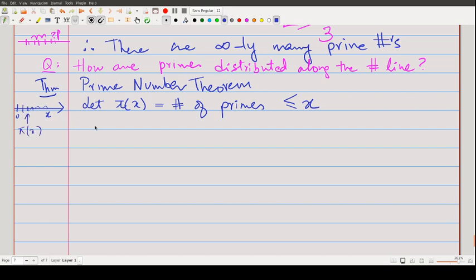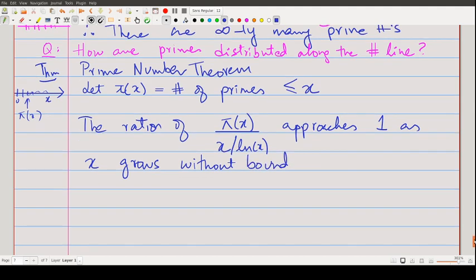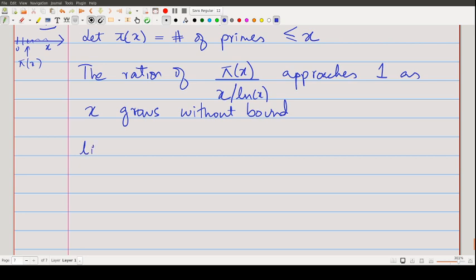And the idea is that the ratio of pi of x divided by x over ln x approaches 1 as x grows without bound, which in other words is saying that the limit as x approaches infinity of pi of x over (x over ln x) is equal to 1.